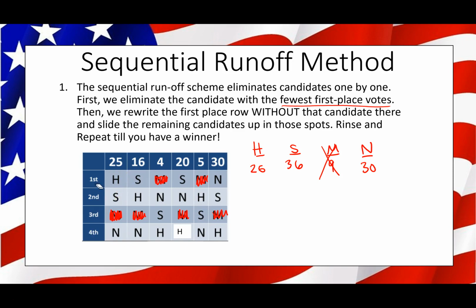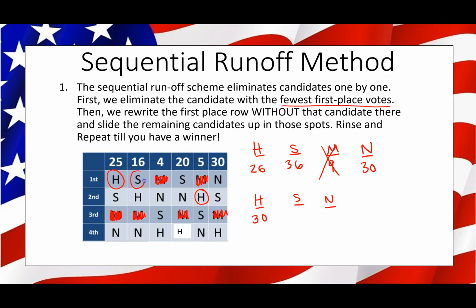So just ignore them basically. All right, let's count the first place finishes again. So this is going to be now an H versus S versus N. Okay, so H is in first place here, and also first place here as well, because we've crossed out that one. So that's going to be 25 plus 5 is 30.